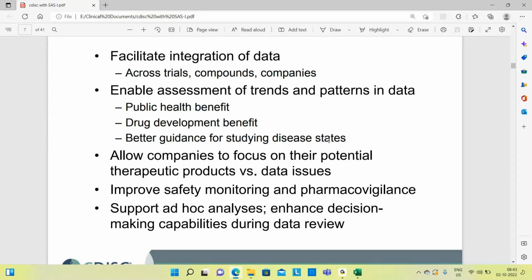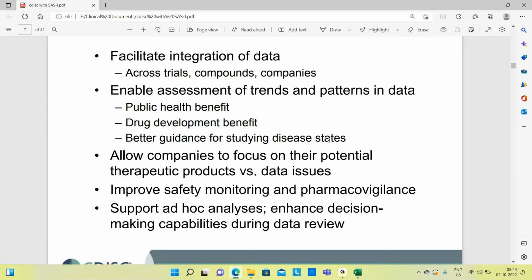Public health benefit, drug development benefit, and better guidance for studying disease states. So you can see how this drug, this particular molecule, is working. We can assess the trends: how many people in the public benefited from this drug. If you want to generate new drugs with respect to the same chemicals, that is the drug development benefit. And better guidance for studying disease states.